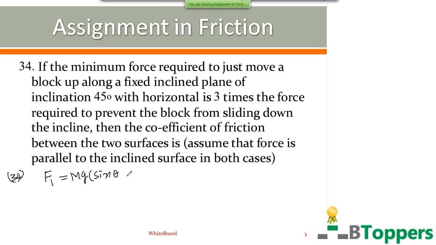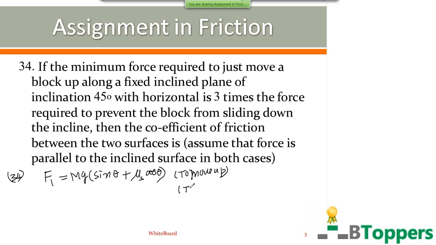I have discussed it in the special cases for motion on the rough inclined plane. In the second special case I discussed this conclusion: the minimum force required to move the block up along the inclined surface, when the force is applied parallel to the inclined surface, is given by mg into sin theta plus mu_s cos theta.